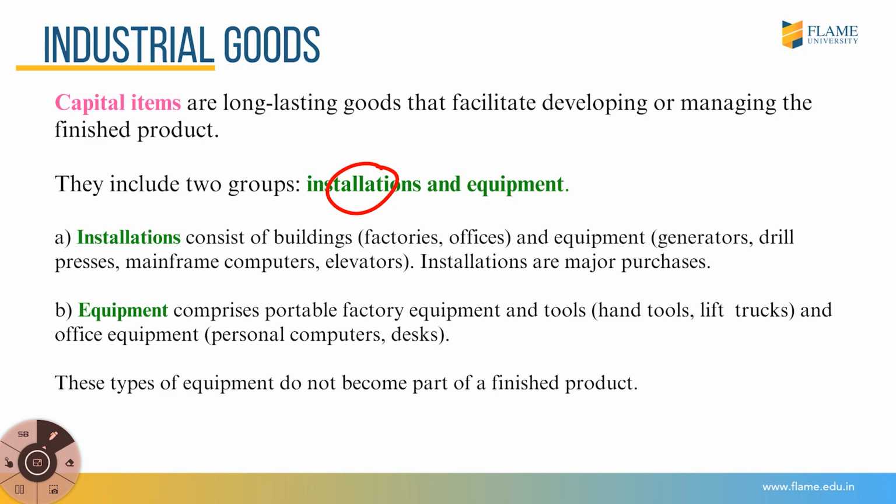And when we talk about equipment, it is portable, and these are the tools that go into the installation. Like the factory has a structure, and when you talk about the lines, the trucks, the lifts, these form the equipment. These equipments and installations facilitate manufacturing and do not enter the end finished product.